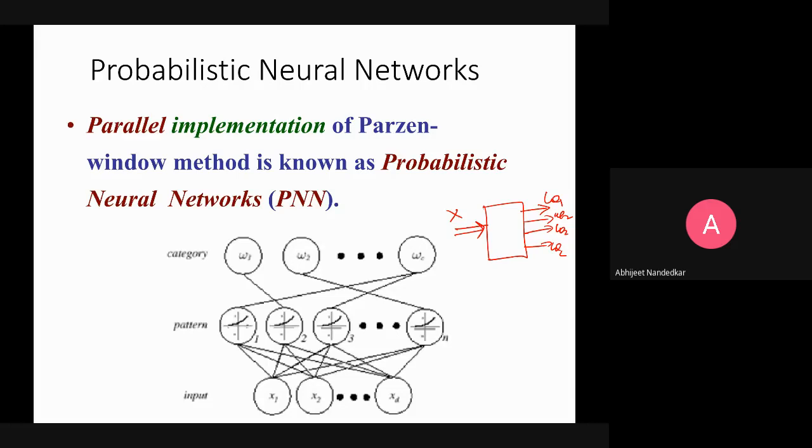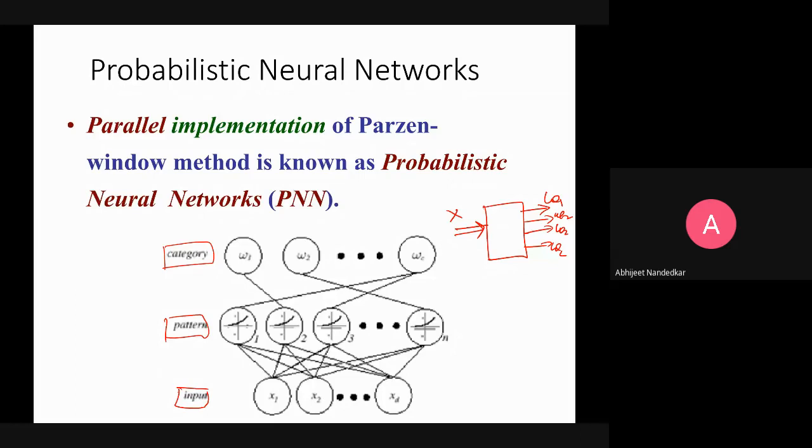Now to build this circuit, we are going to use the concepts of Parzen window. Okay. Now you can see there are 3 layers. First one is input, the second one is pattern layer, and the third one is the category layer.